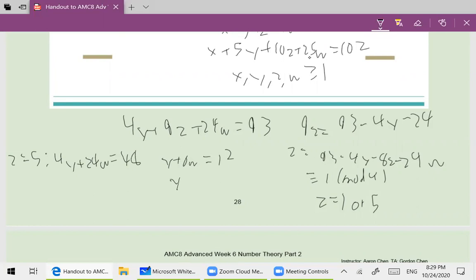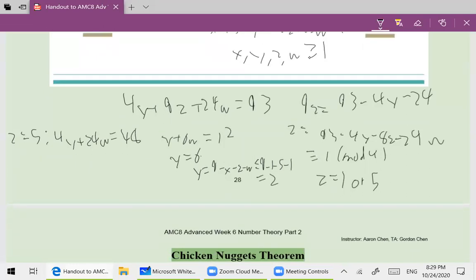So 6 must divide y, so y must equal 6. However, you also know that y is 9 minus x minus z minus w, which is less than or equal to 9 minus 1 minus 5 minus 1, which is 2. But 6 is not less than or equal to 2, so then z equals 1.